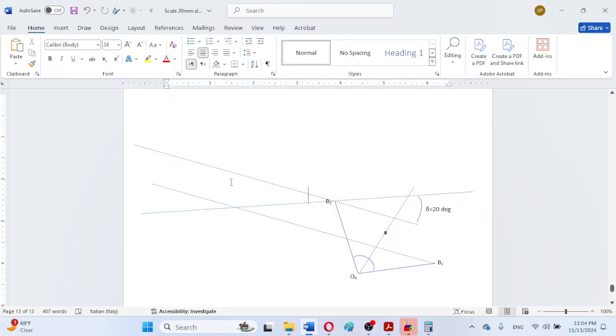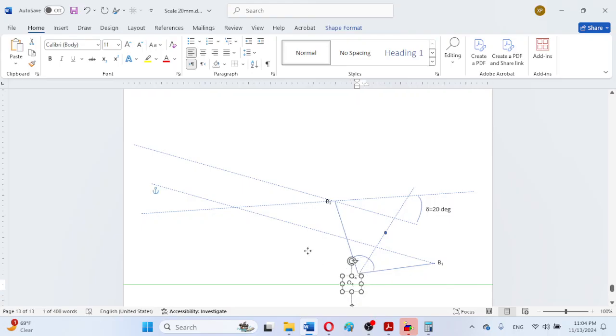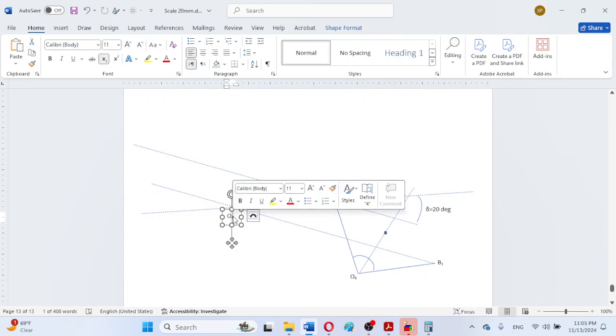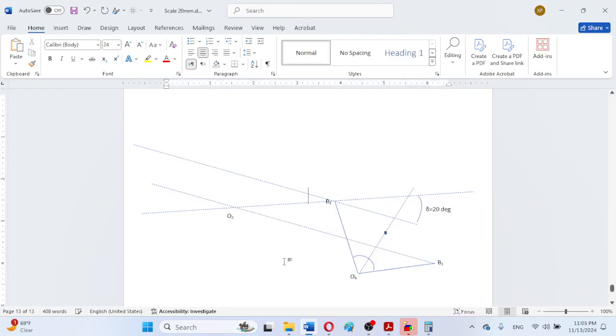So this means that just copy some label here, for example this label, copy and paste here, and then move it here to define this is actually O2, the crank grounded revolute. In this way the crank grounded revolute has been specified.